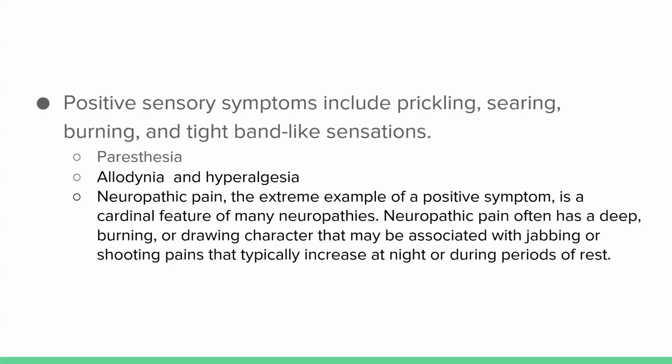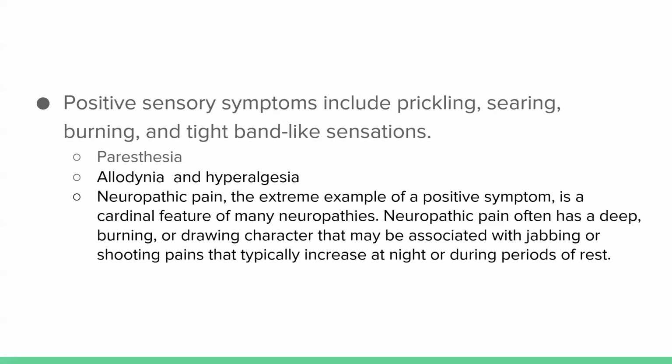Positive sensory symptoms are basically pain, different types of pain. Prickling, searing, burning, tight band-like sensations. Paresthesia is reported when a patient has spontaneous, there's no stimulus, but the patient feels discomfort or unpleasant sensation.